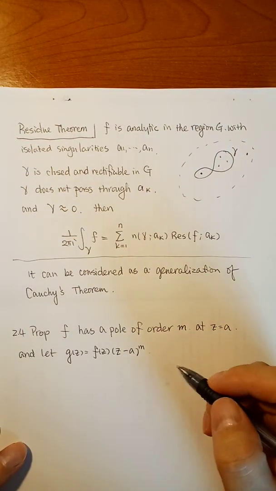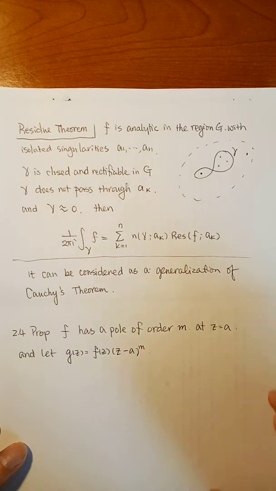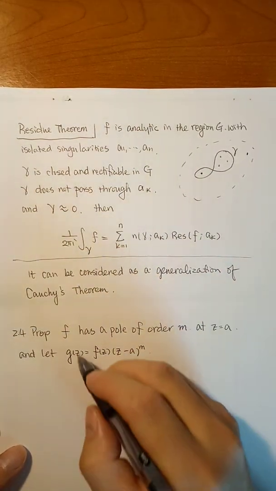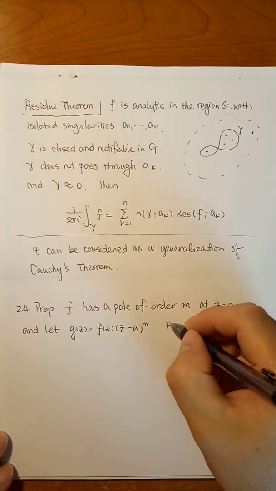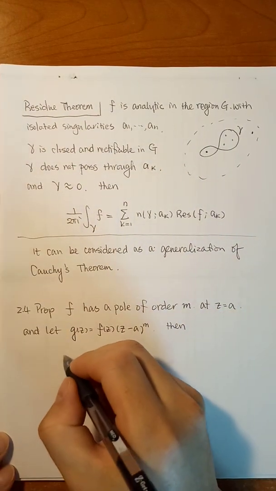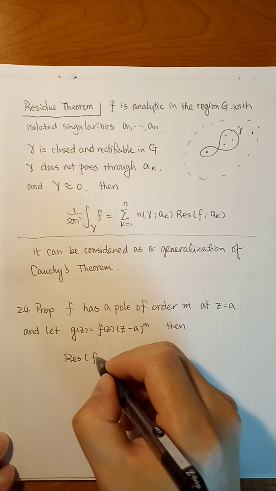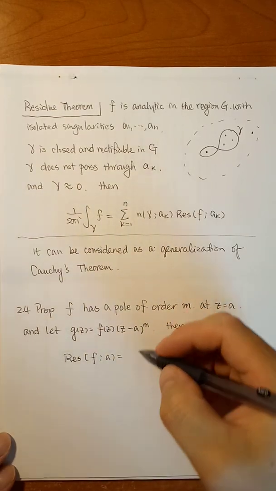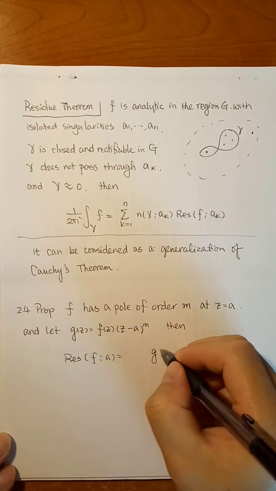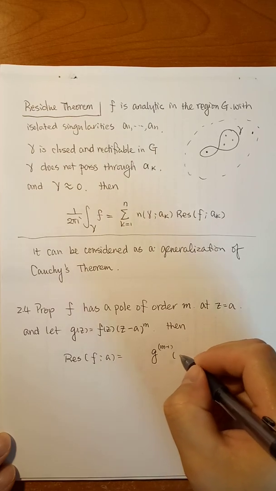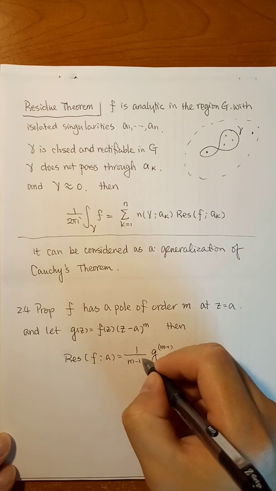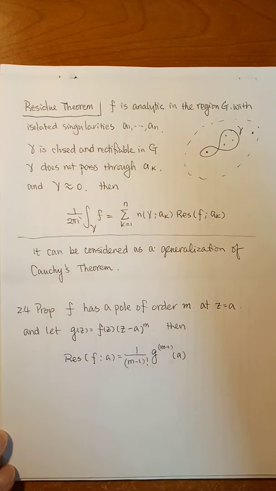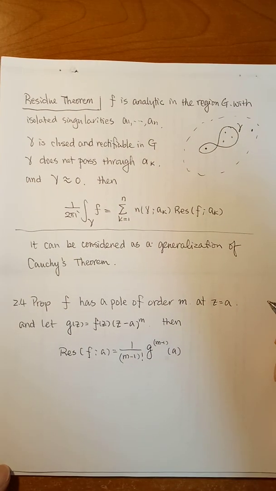Order m means the denominator has z minus a to the m. You cancel it, and you make g analytic. Then the residue of f with respect to a is, first you take the m minus 1 derivative of g, evaluate at a, and multiply by 1 over m minus 1 factorial. So this is a way to compute the residue.